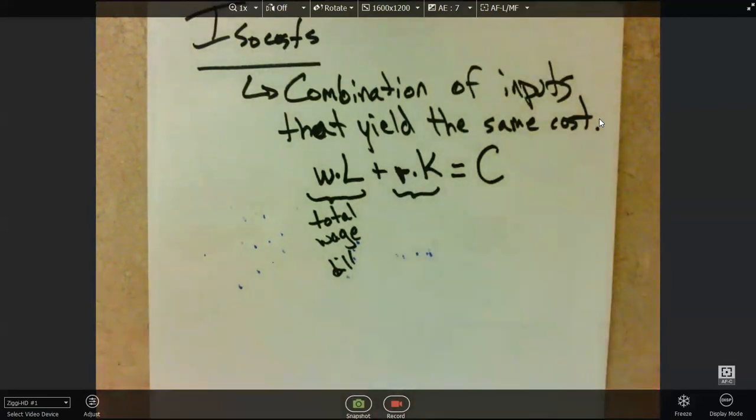And R is the rental rate of capital. So if you bought the capital, then you just act like you're renting it for yourself.